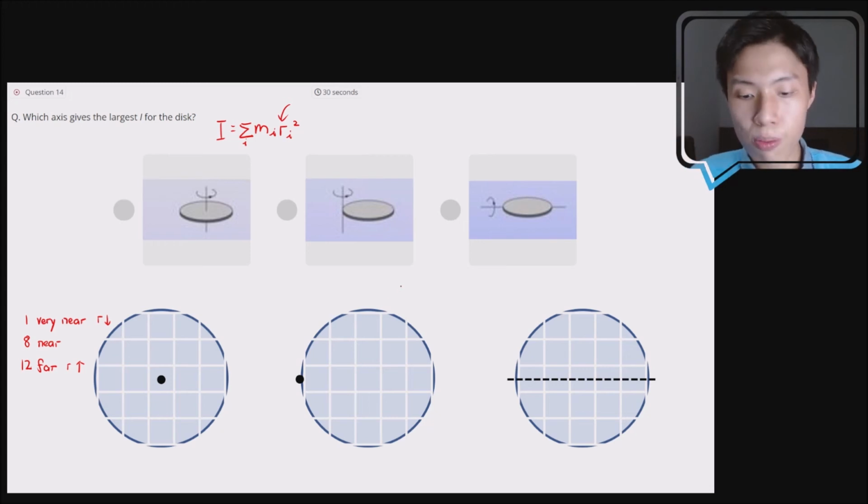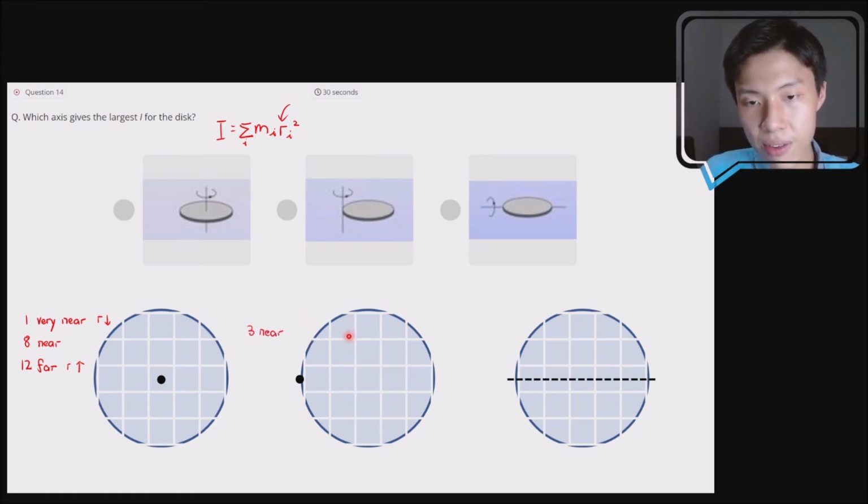Moving on to the second example, we can see that these three boxes are at a similar level to this box over here. It's not exactly on top of the axis of rotation, it's slightly away, so we can consider them near. So we have 3 boxes which are near.